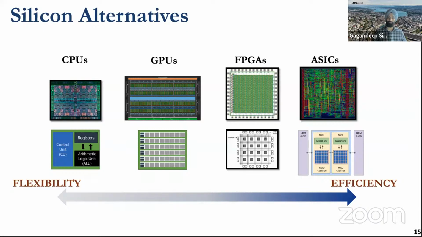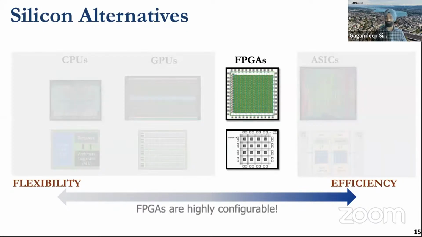In our work, we focus on FPGA-based heterogeneous systems because FPGAs provide the flexibility to create a domain-specific memory hierarchy for these kinds of applications, which don't perform well on CPU systems. When you create your domain-specific hierarchies, you can handle these irregular memory access patterns efficiently.